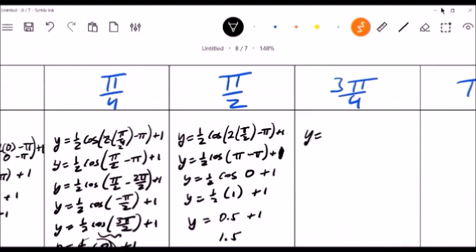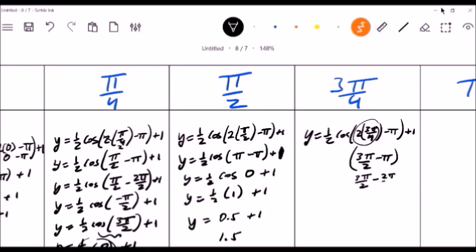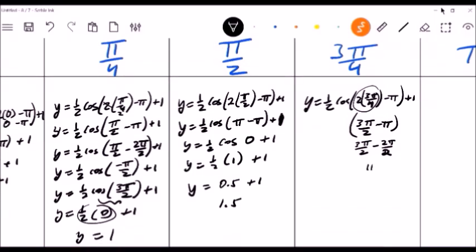Do the same thing here on this one. 1/2 cosine of 2 times 3 pi over 4 minus pi plus 1. Well, in here, 2 goes into 4 twice, we get 3 pi over 2 minus pi, right? And we can't do it unless it's a fraction. 3 of them, take away 2 of them is just 1, so it's pi over 2.